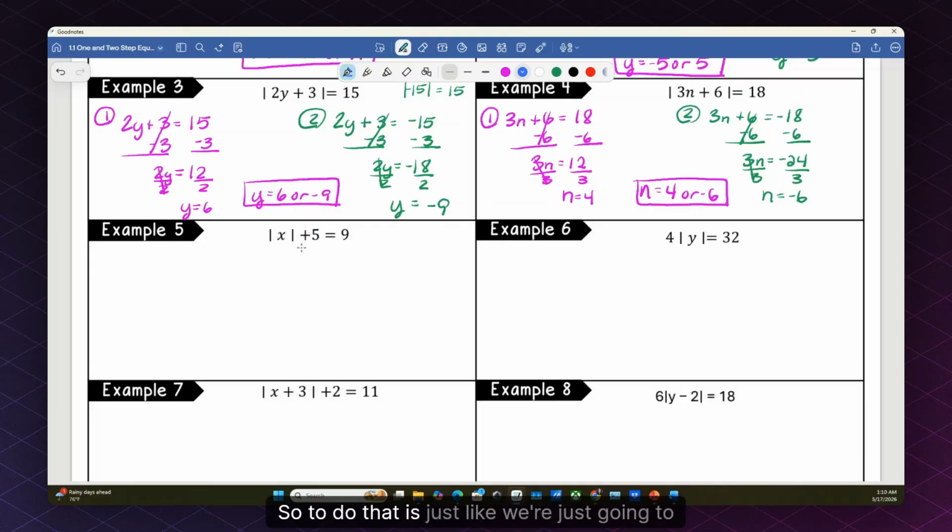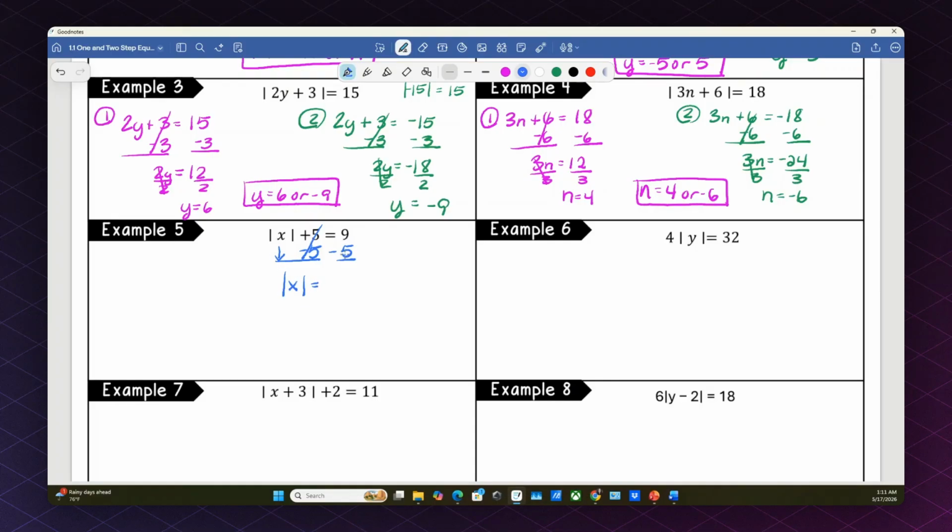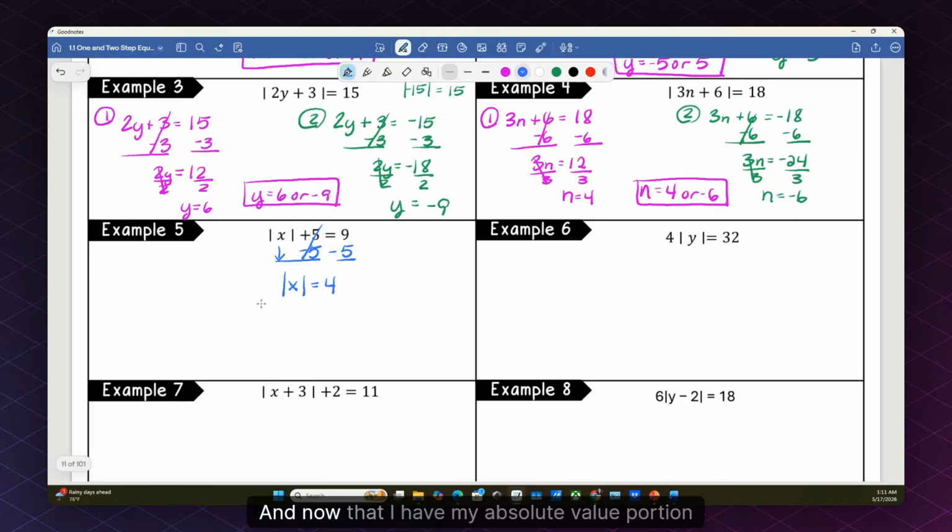To do that, we're going to treat this absolute value as one thing, and I'm going to subtract this 5 from both sides. So I bring down that absolute value of x equals 9 minus 5, which gives me 4. Now that I have my absolute value portion isolated, I can break it up.